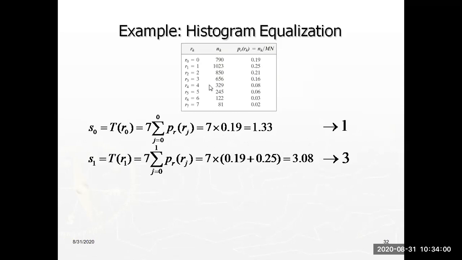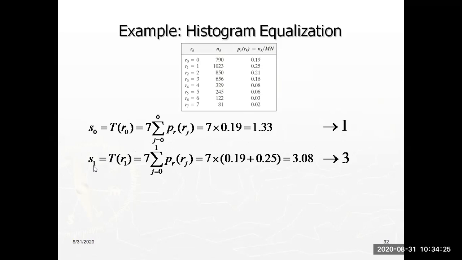So with 0 intensity value, there are 790 pixel values with probability 0.19 on the input side. But after histogram equalization, what is my S0? 1. Actually it is 0, but it is equalized to 1 with the formula.